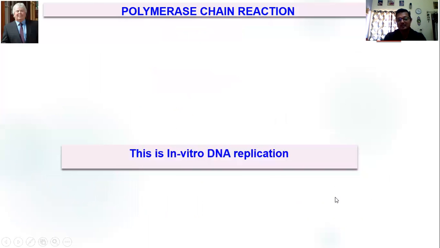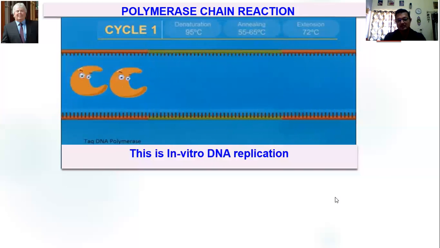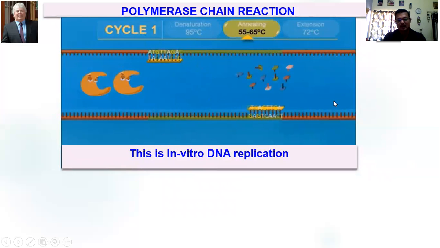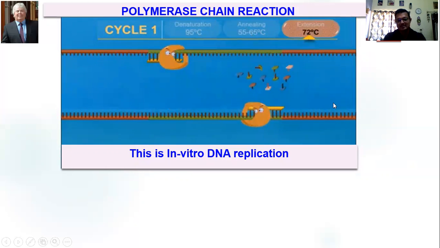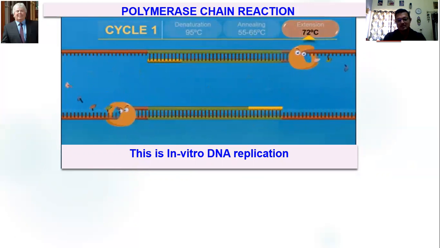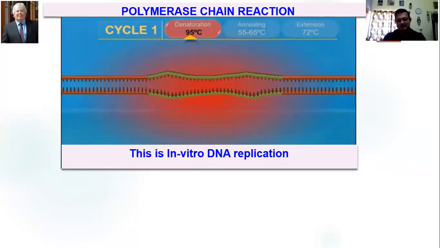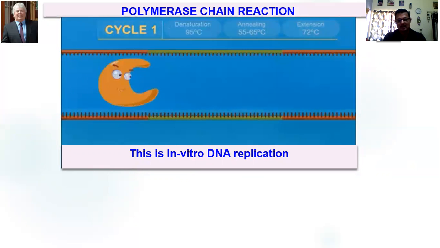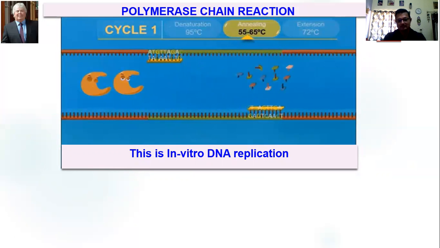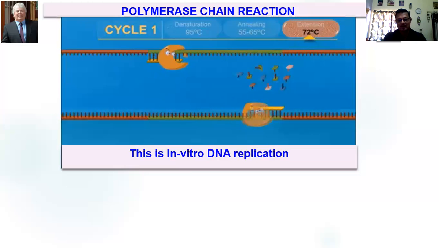We can have a look at it through animation also, in vitro DNA replication. How does it take place? Denaturation. Have a look. Then annealing, joining of the primers, and then the extension. This is repeated many times. Denaturation, separation of strands, polymerase added, primers binding to the sequence, annealing to determine a starting point, and then extension.